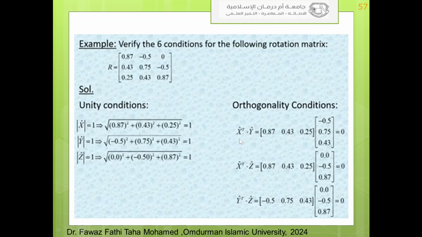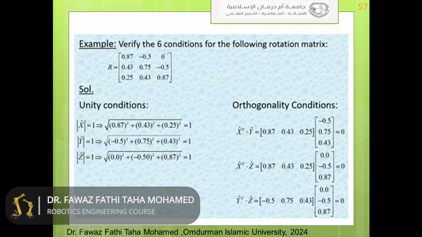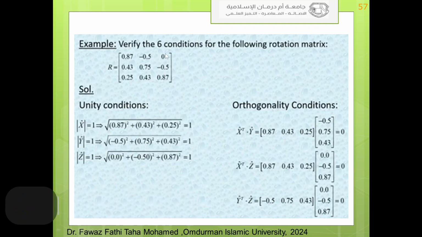If we make a cross product between any two different vectors, we will obtain the third one, but with the dot product we will obtain the zero value.